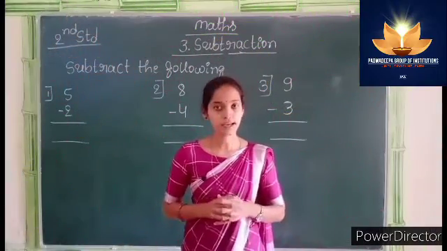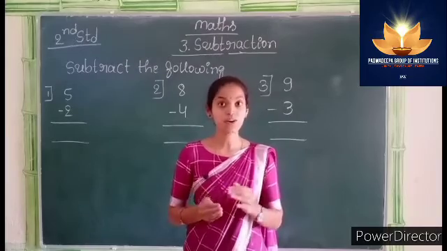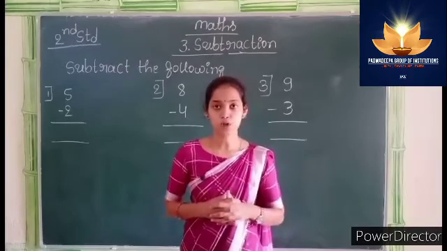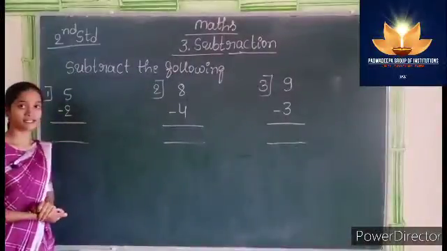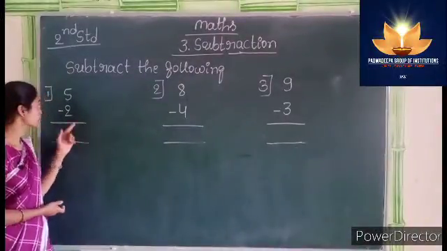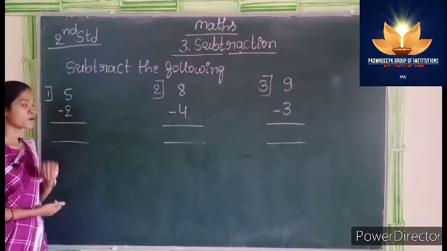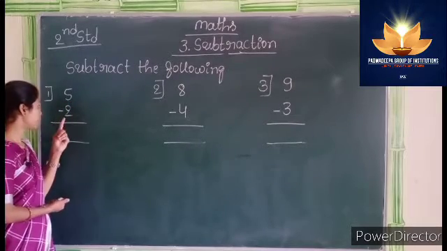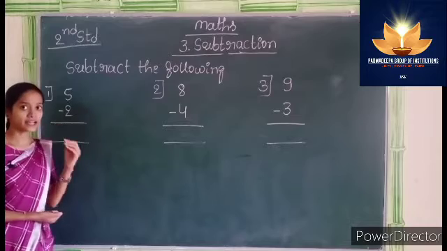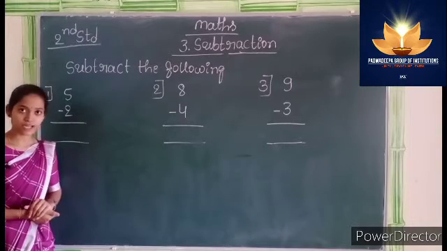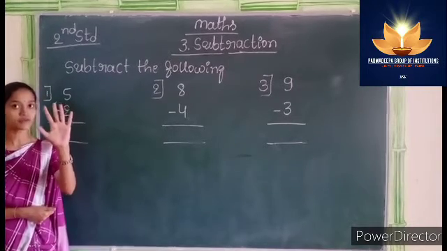Students, have you understood subtraction? So, let us solve some problems on subtraction. Subtract the following. Here we have to subtract 2 from these 5. Let us subtract. So this is 5.